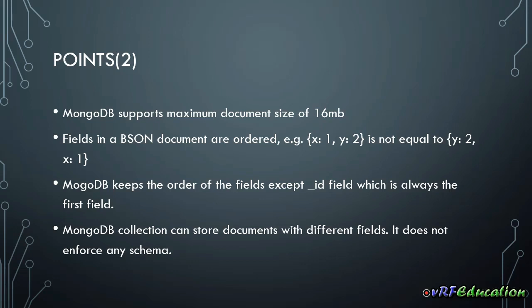And also a MongoDB collection can store documents with different fields. It doesn't enforce any schema. It's one of the most important flexibilities that MongoDB or NoSQL databases provide for us. We don't need to use a predefined schema for our data inside the collection. We can save different types of data schema inside one collection.